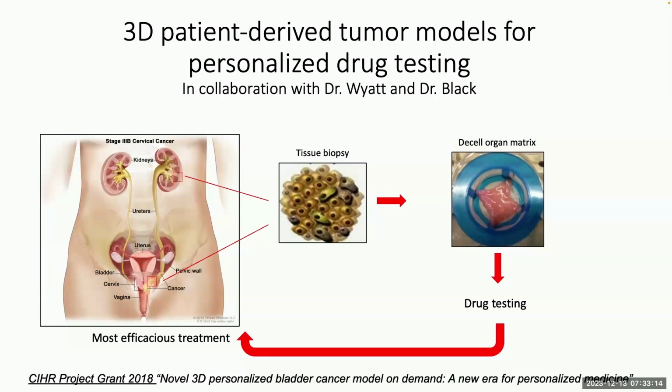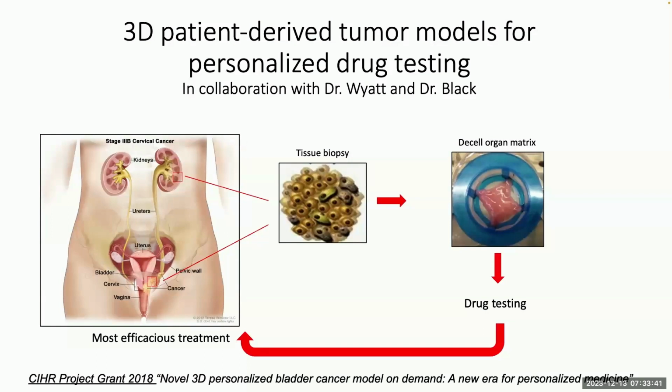And with that, I tagged along with Dr. Black and Alex Wyatt, Alex Wyatt for the genetic validation, which we'll talk about, and Dr. Black because of his expertise in getting clinical samples from bladder cancer patients. The whole idea was, can we get tumor samples, from bladder in this case?